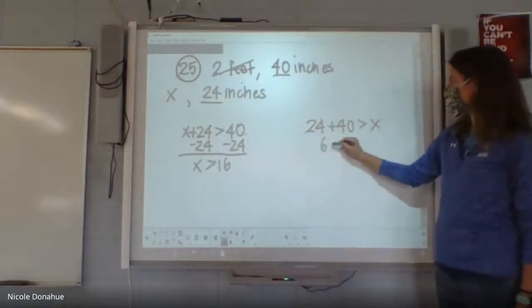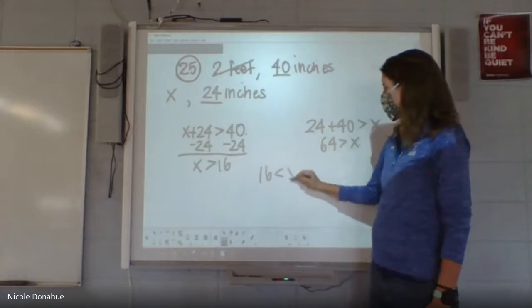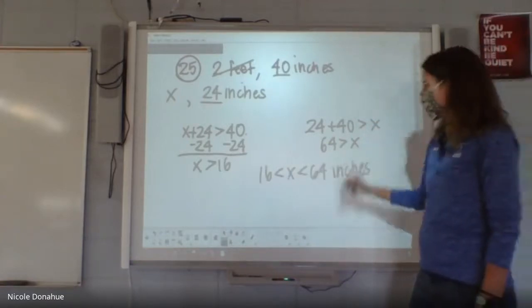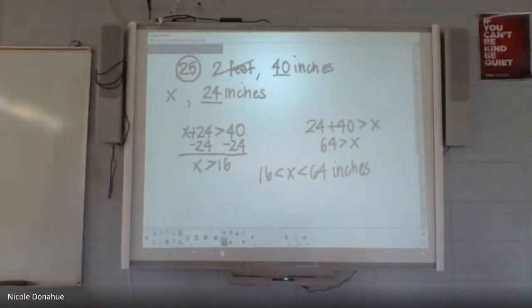And then this would be 64, and that would be inches. So if you chose to use inches, that would be inches. If you change it to feet, you either have decimals or fractions. That's tricky. I wouldn't give you anything that is trying to trick you other than you had to make a mistake.